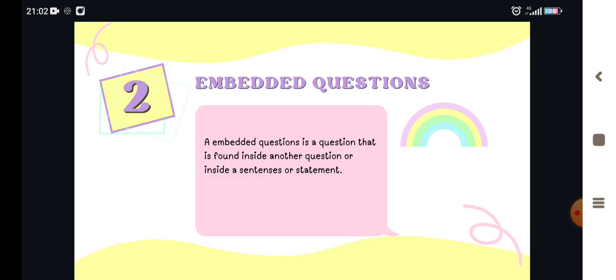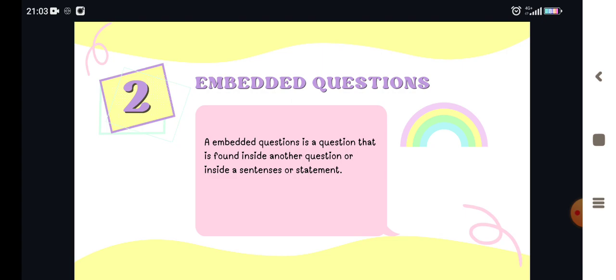Embedded questions. An embedded question is a question that is found inside another question or inside a sentence or a statement. You can find embedded questions in phrases that don't end with a question mark. In this case they are noun clauses embedded, and they have if or whether in the sentences.